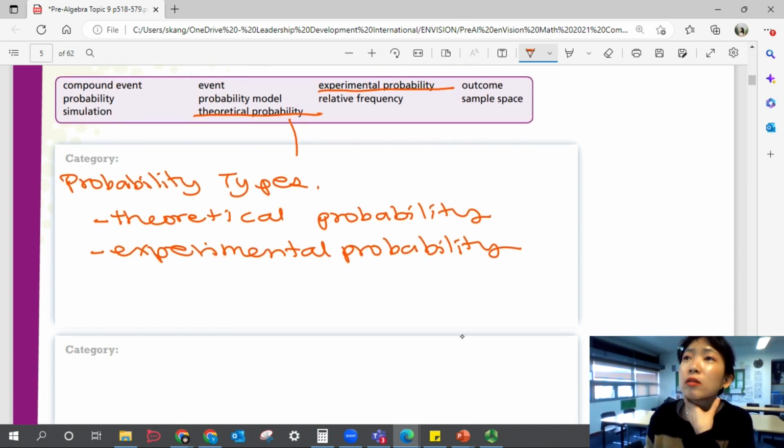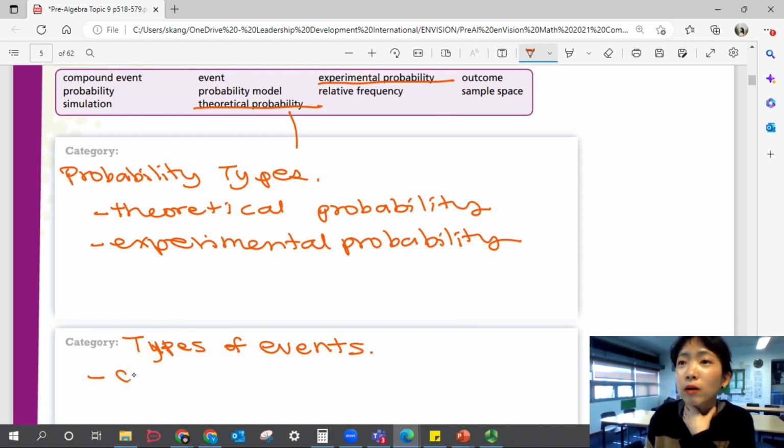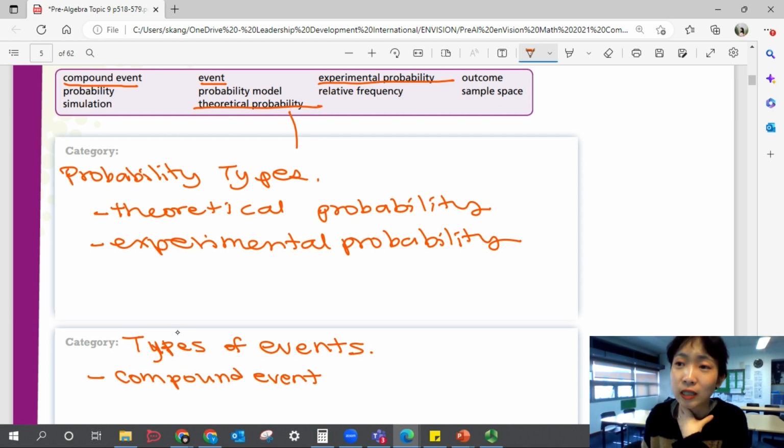And then, okay, so we have compound event. And then in this case, we can just say the event would be singular event, okay? But we don't really have to say singular event. Event is just event. So we can put compound event and event together as different types of event, okay?